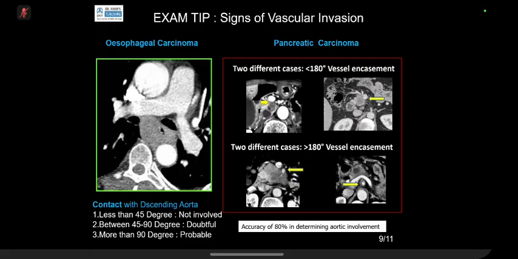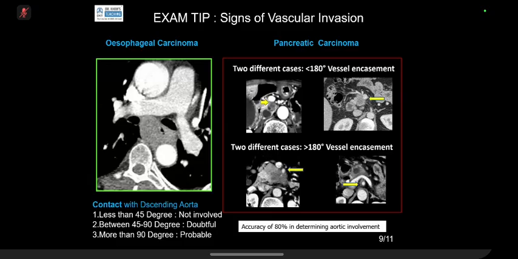T4, bad news. In pancreas, you know what T4 is? When there is encasement of the SMA, superior mesenteric artery, or the celiac trunk. That is a T4, and you cannot do any surgery. They are dependent on us. They will go where we tell them, so it is a huge responsibility on us that this is T4.